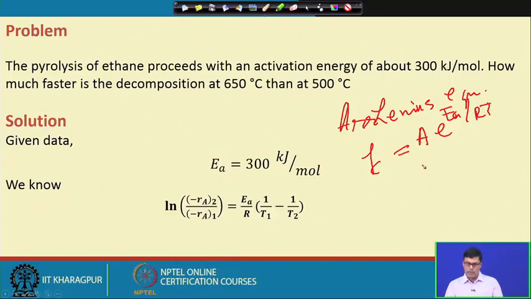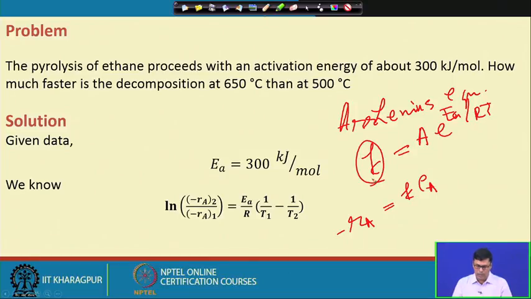This is the equation that we have. Now, in the rate equation, we know that the rate, minus RA, equal to K into CA. So, K is proportional to RA, and we can replace this with the RA value.